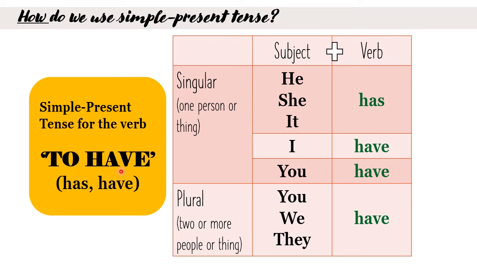The verb to have. So have is actually the original form of has and have, okay? Has, have. Now, if it's he, she, it, the verb is going to be has. If it's I, it's have. You, have. You, we, they, have, okay? So remember, if it's singular, he, she, it, it's always has, okay? But I and you are special cases.